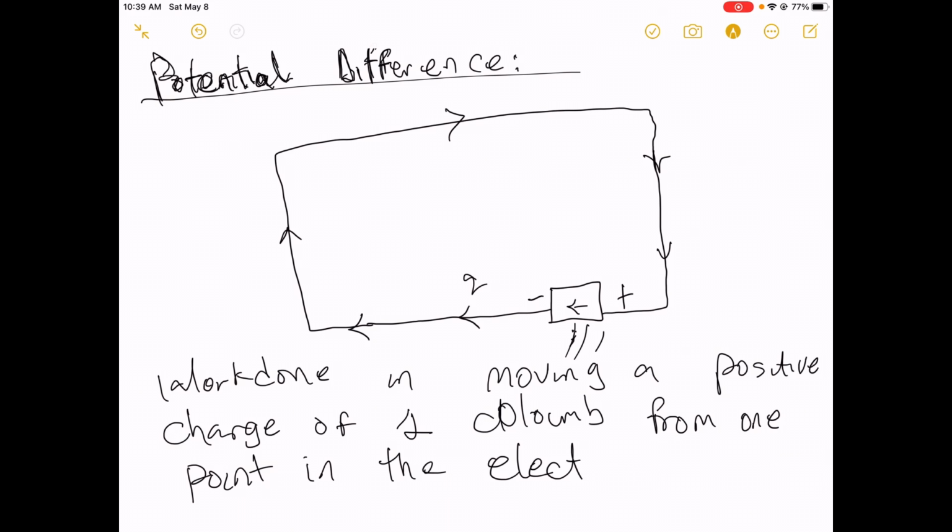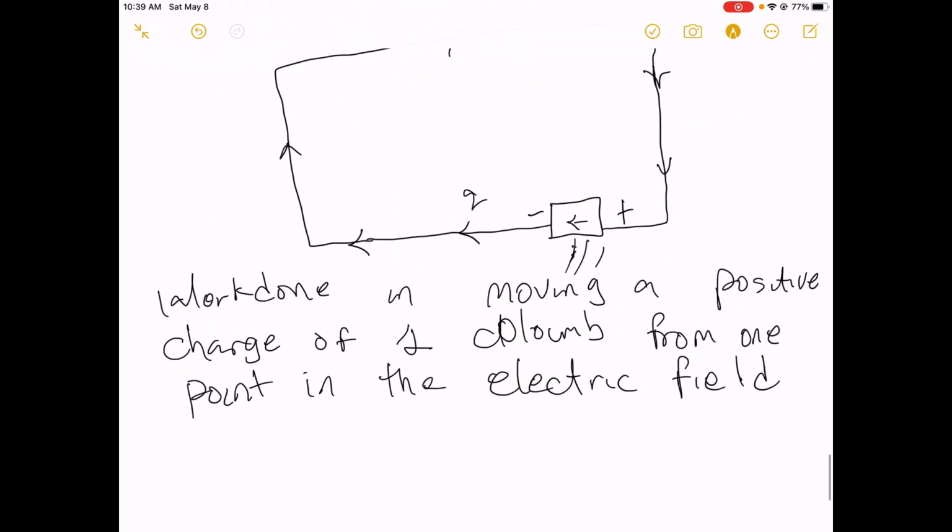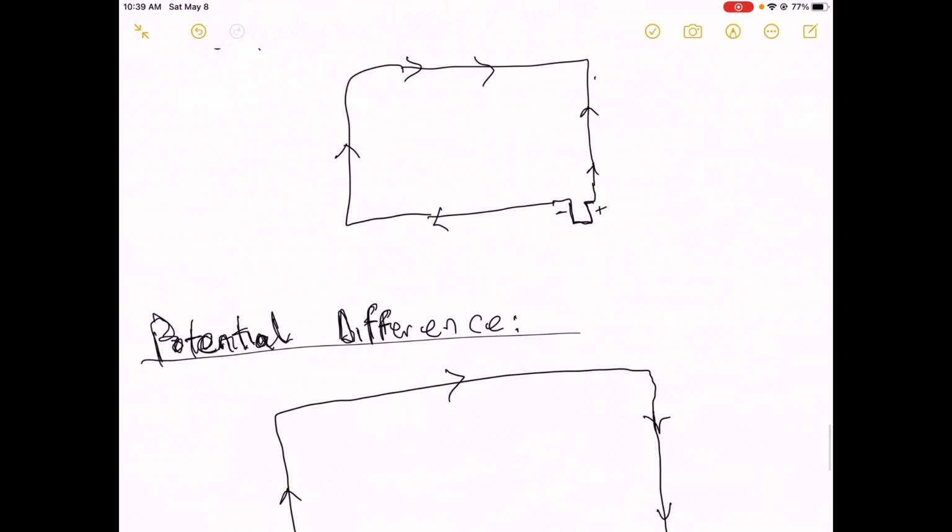It's as simple as that. And we denote potential difference as V, which is voltage.